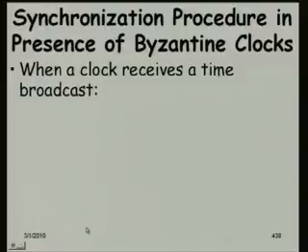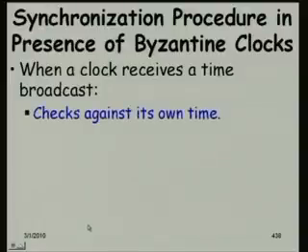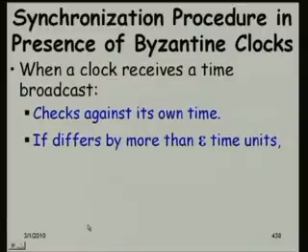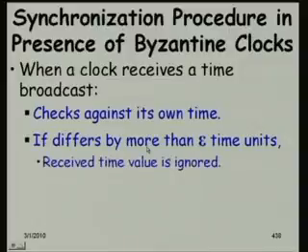Now, when a clock receives a time broadcast, it checks against its own time. If it differs by more than epsilon time units, then the received time value is ignored because it has drifted more than epsilon, right? The drift is to be restricted to epsilon, isn't it?